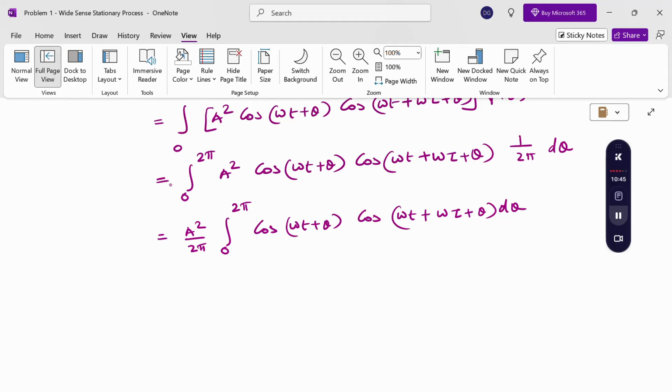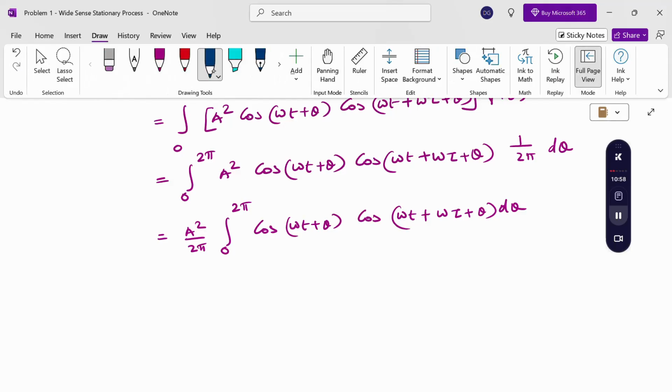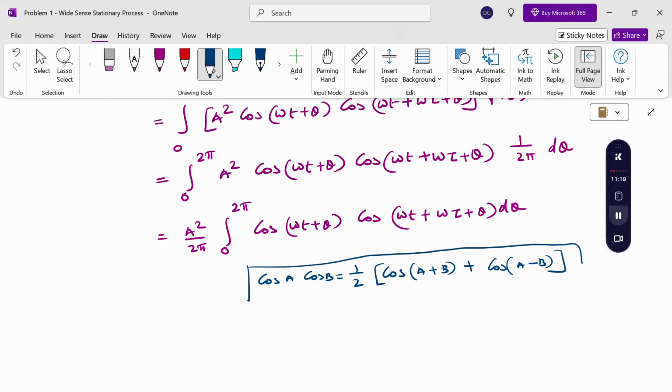Now I am going to integrate this term, but the term is a product. Therefore, try to convert this product into an addition or subtraction. We have the formula for cos A cos B, which is 1 by 2 [cos(A plus B) plus cos(A minus B)].